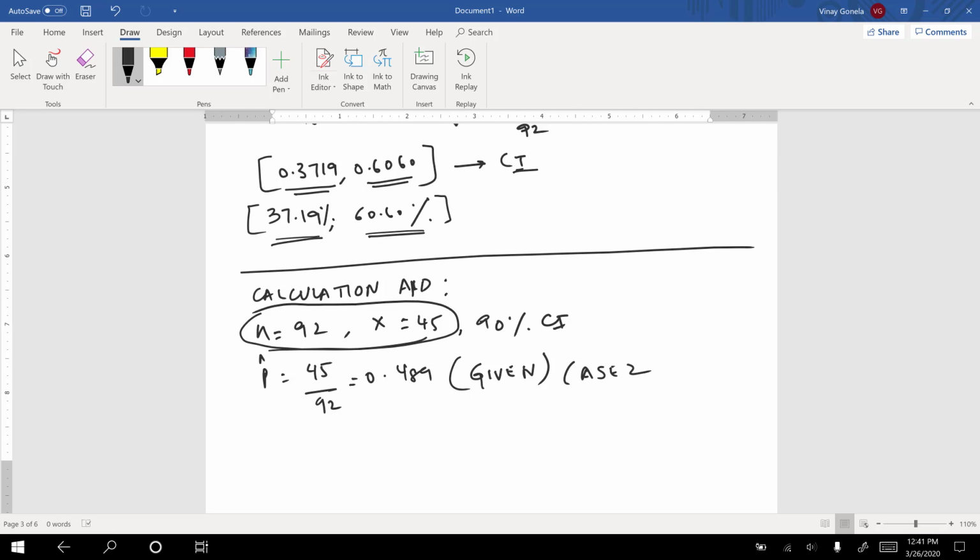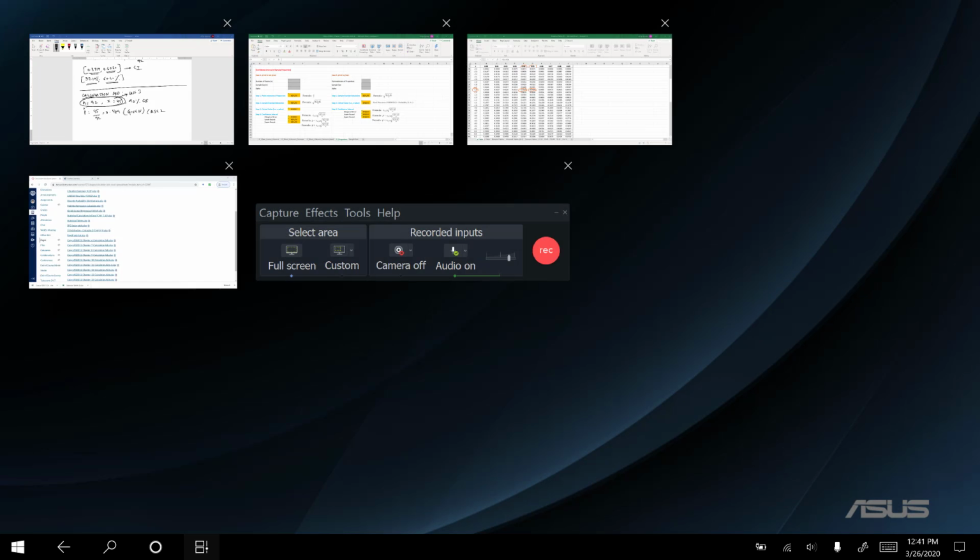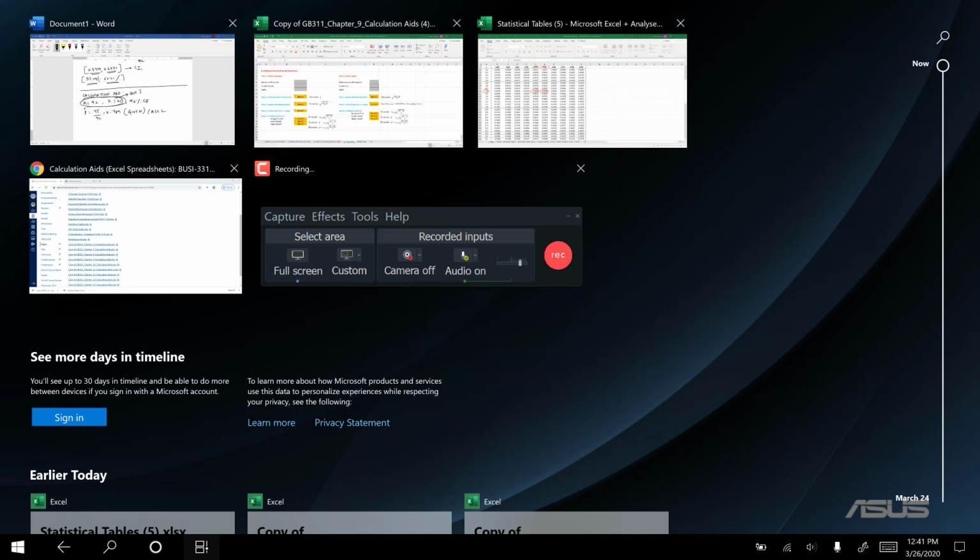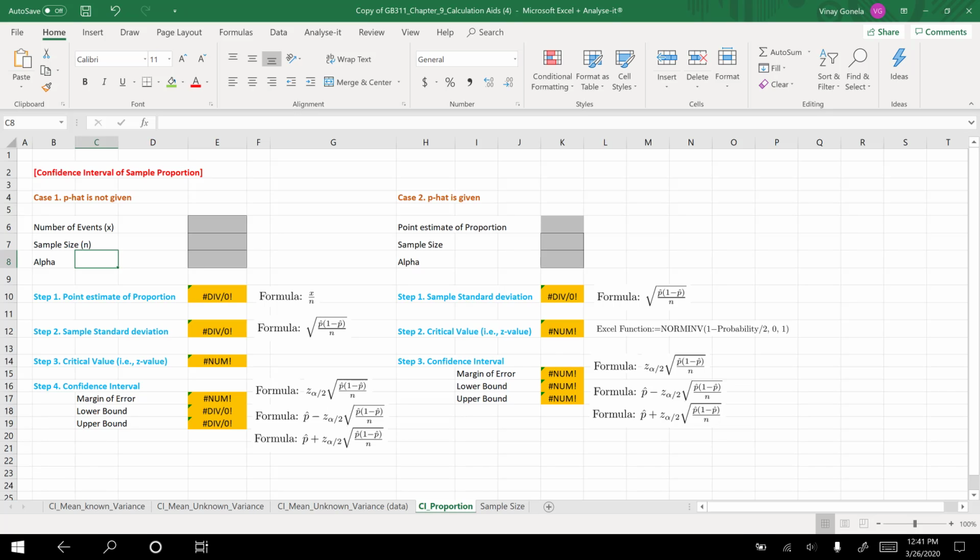If these values are given, then you will be using case 1. So currently these values are given.